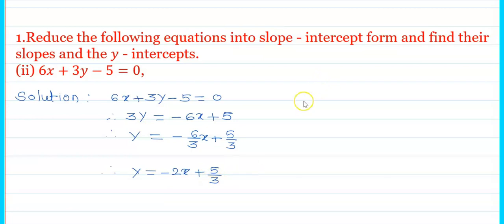Next, comparing with y = mx + c, here slope is equal to -2, and the y-intercept is equal to 5/3.